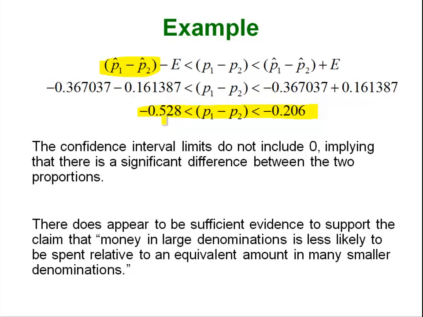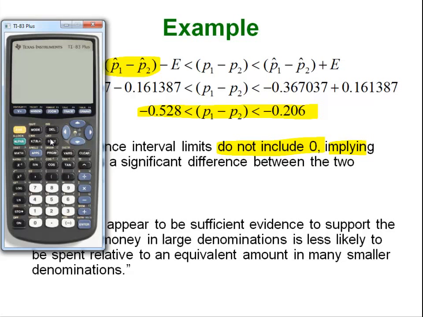Now, because this interval does not include 0, it implies that the difference between the two populations would not be 0. Nowhere in this interval is it 0, so we're 90% confident that it's not going to equal 0. But that's a bad way of then saying, therefore, there is a significant difference between the two. It's a weaker argument. It's one that you should avoid. It's better to just run the hypothesis test.